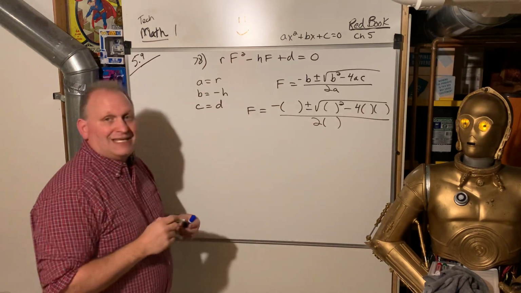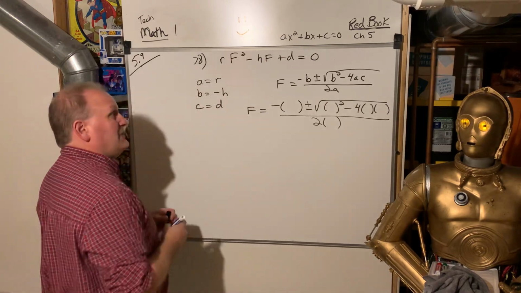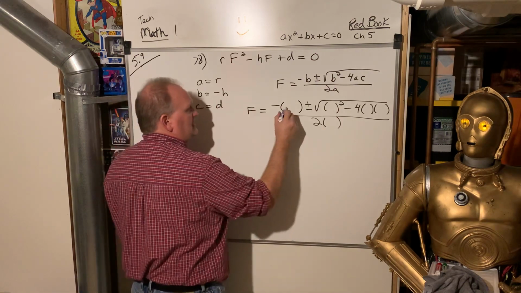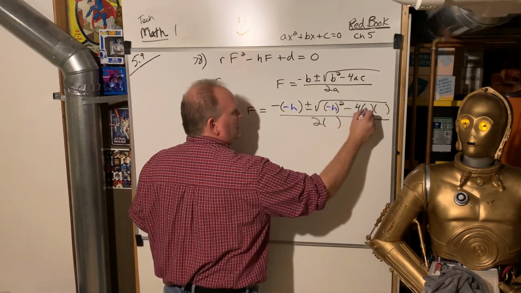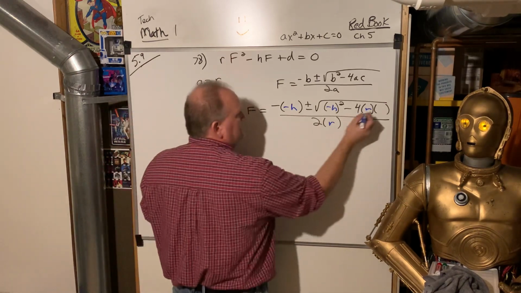But now, instead of populating this with numbers like how we're used to, I'm going to populate it with letters. Ooh. So look, B is negative H. A is R. And C is D.